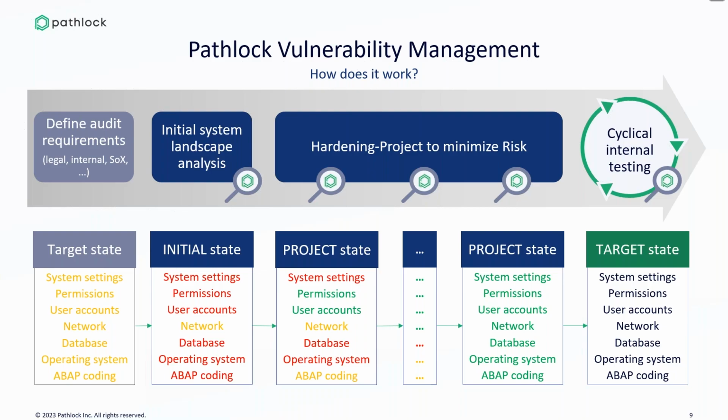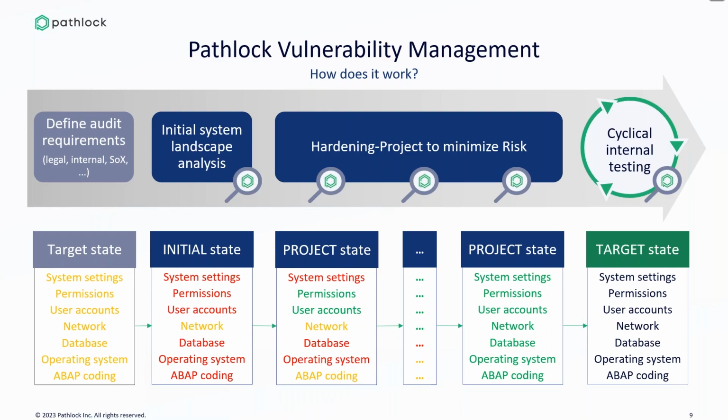It's around permissions, network, database, ABAP coding, and so on, in a wide field of checks and areas. And then we make a first scan on one system, on one landscape, on the whole business landscape. We can do it at once with one scan, or with multiple scans, however it's sufficient for you, but then you have the initial state.